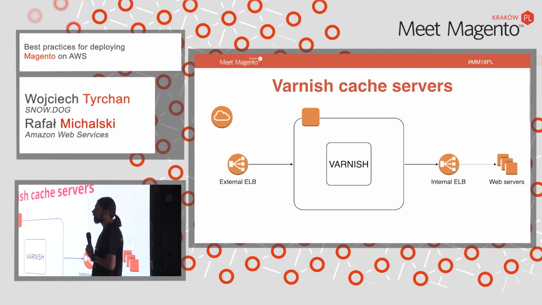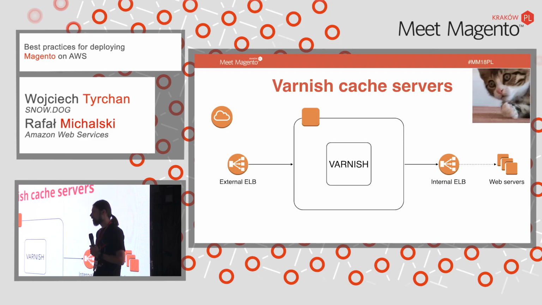Varnish was designed to be very fast and performant, and once it resolves, it unfortunately resolves to only one IP. And what's worse, it uses it until the end. And it's not good. Actually, this is the obligatory cat meme for the presentation.